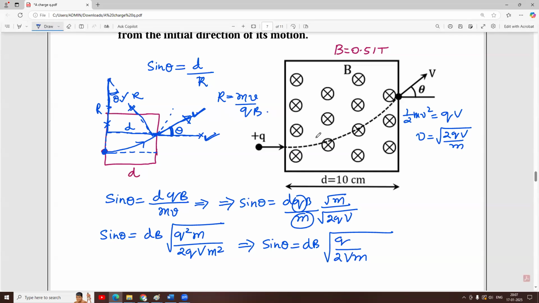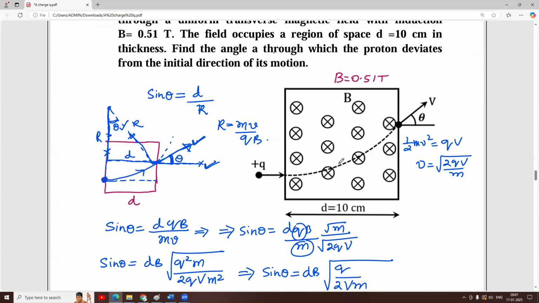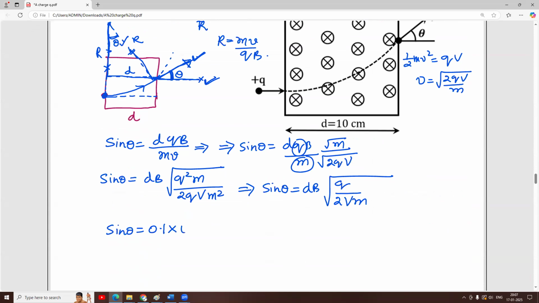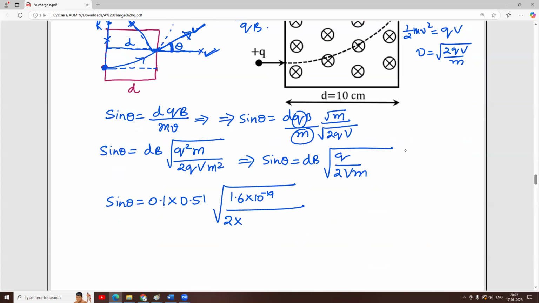So just substitute the values. Sine theta is equal to d, 10 centimeters, so 0.1 meters. B, strength of magnetic field, was 0.51 Tesla. Root of q, 1.6 into 10 to the power minus 19, by 2 times V, the accelerating potential difference, which is 500 kilovolt.